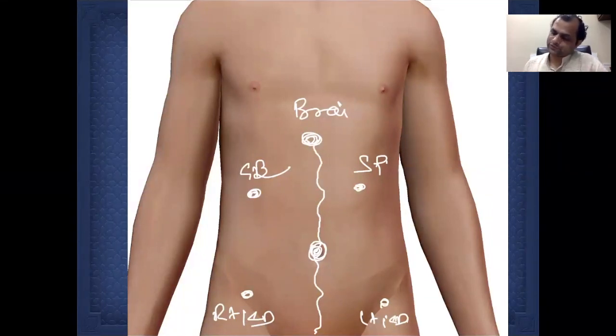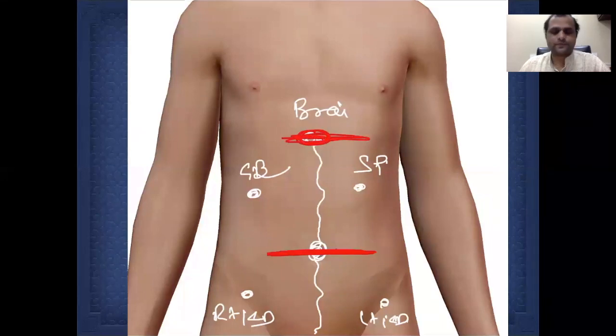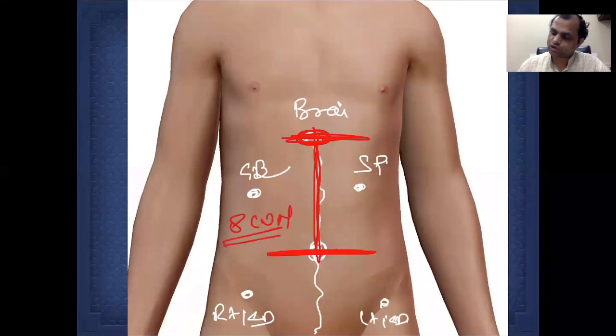Now what we have to do? From the navel till the lower end of the sternum, this total length is 8 chun.